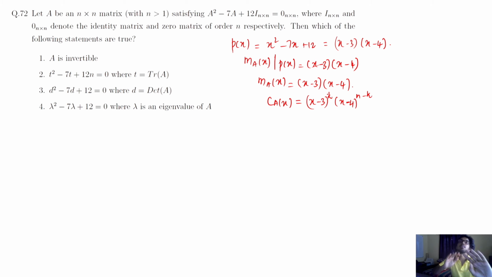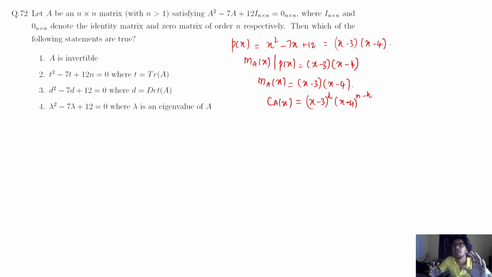Since the minimal polynomial has only these two factors, only these can take place in the characteristic polynomial. So it is very evident that 3 and 4 are the eigenvalues, but the multiplicity is unknown as of now. Only 3 and 4 are going to be the eigenvalues.